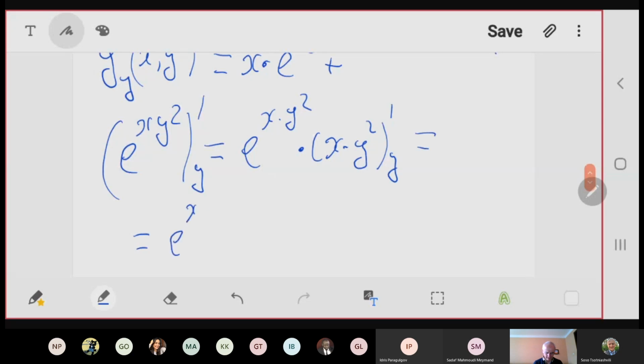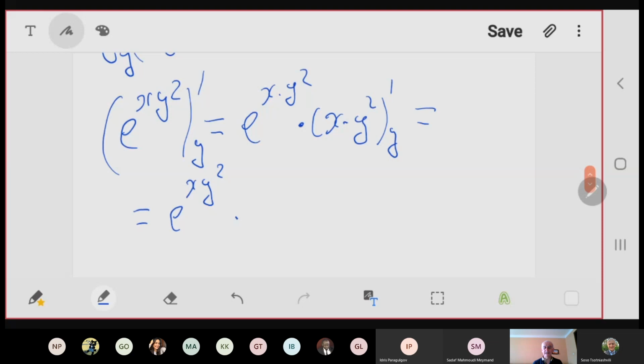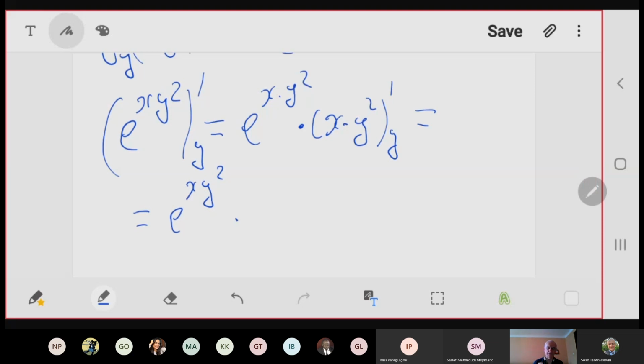Let's first rewrite it, x y square, and in this derivative with respect to y, x is constant, and I can move it out of the derivative, and the derivative of y square is 2 times y. So here we have 2xy. Is it correct now, Idris? 2xy. Yes. Thank you very much. It's great.